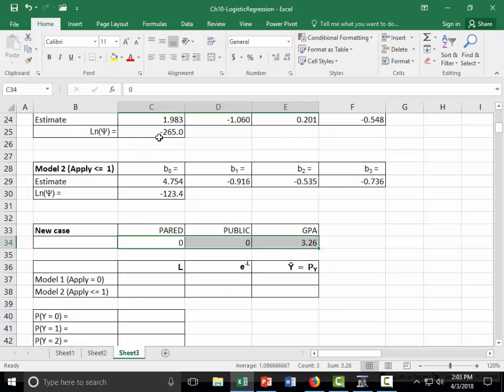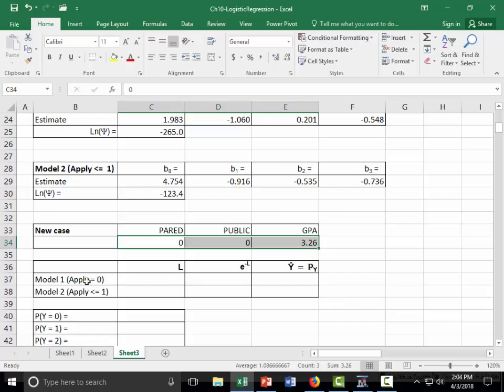Now the first model will give us the probability that y is equal to 0, because in that model the target is apply 0 is 1, otherwise it is 0.